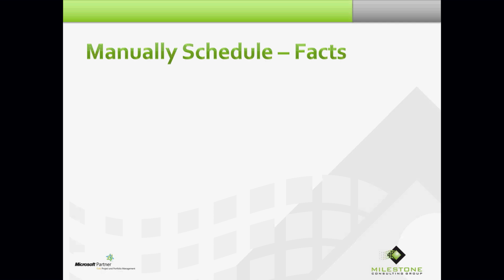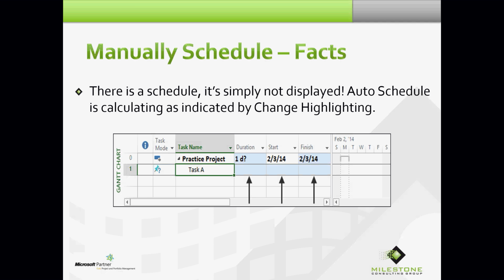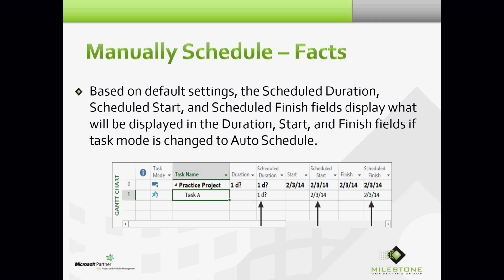Okay. Well, here's some facts about manually schedule. There is a schedule. It's simply not displayed. Auto schedule is calculating as indicated by change highlighting. Okay. Based on default settings, the scheduled duration, scheduled start, and scheduled finish fields display what will be displayed in the duration, start, and finish fields if task mode is changed to auto schedule.